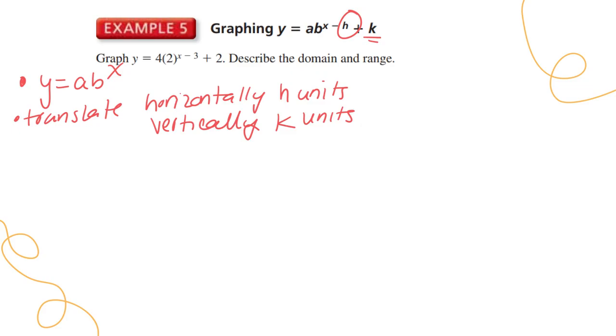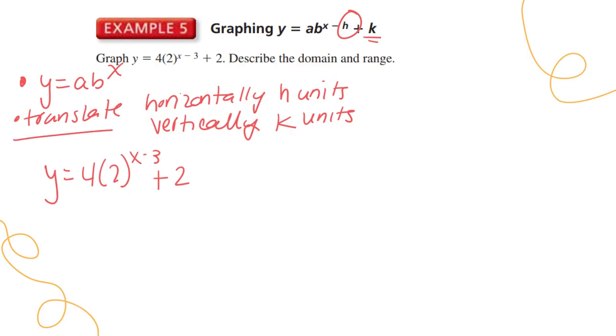So here we have the graph of y equals 4 times 2 to the power of x minus 3 plus 2. So here we know that minus 3 is going to be my h units, which is horizontal, and my k units is going to be vertical. Translation. Okay, we're doing translation.